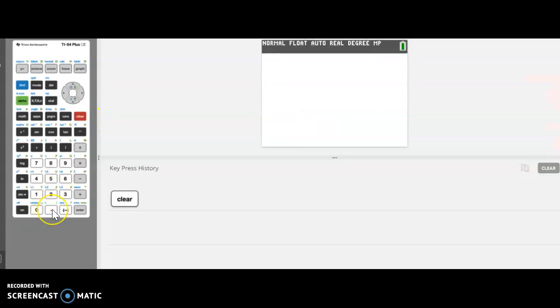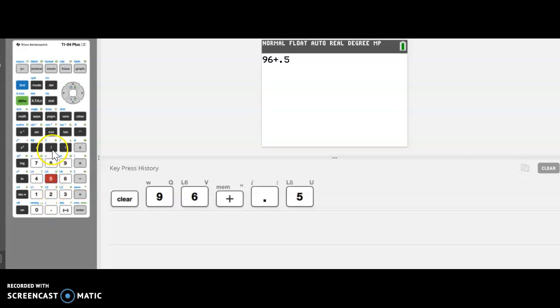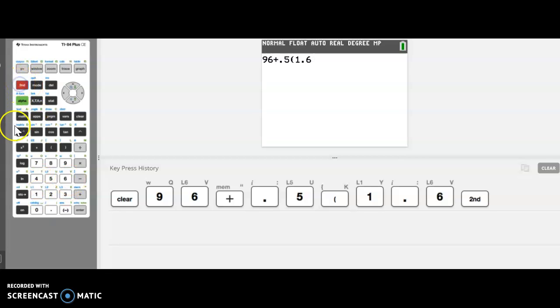Okay, so we're looking at 96. I'm going to put this all in my calculator, all in one fell swoop, plus 1/2, which I'm just going to call 0.5, times 1.6 square root 3 times 3.2 times 6.